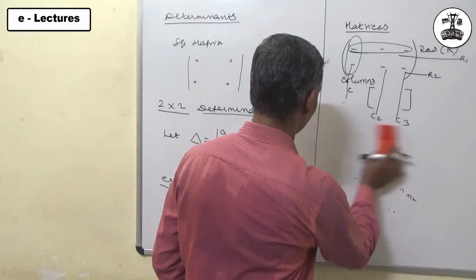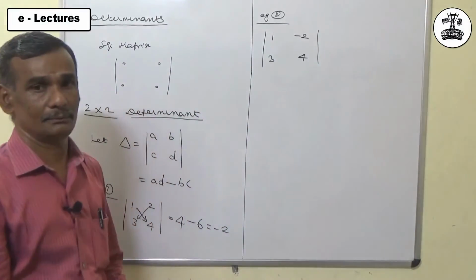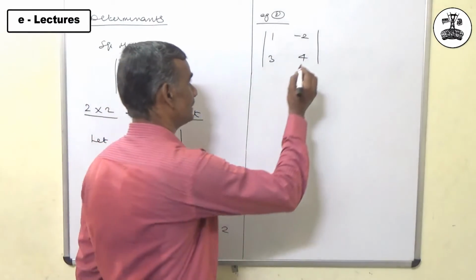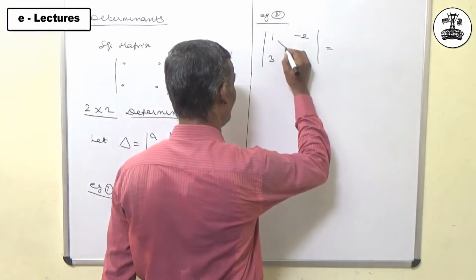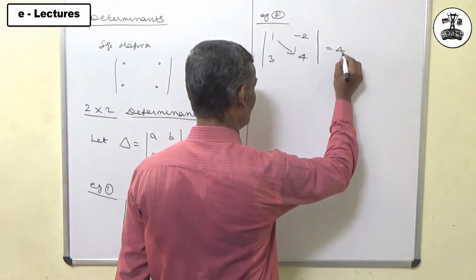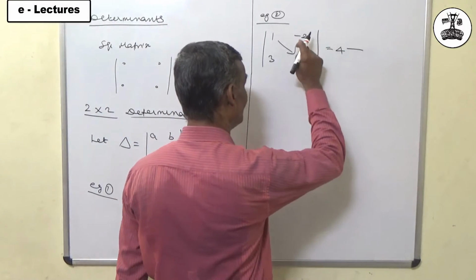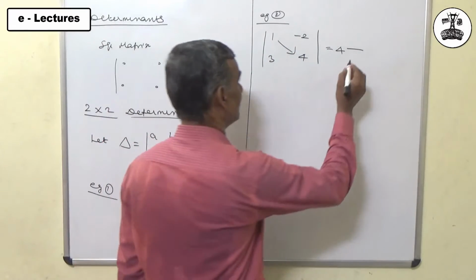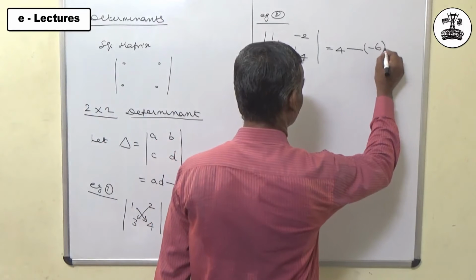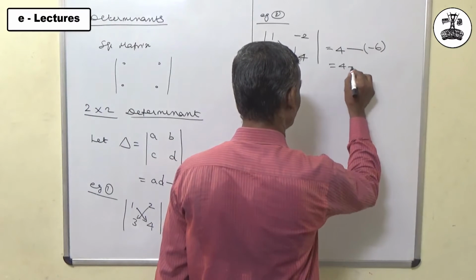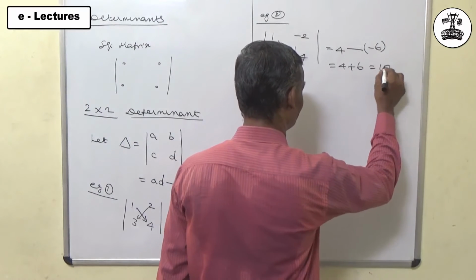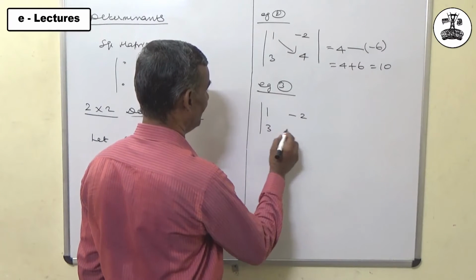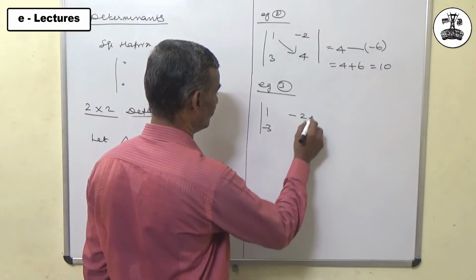Example number 2. The determinant with rows 1, minus 2 and 3, 4. The value of the determinant is 1 into 4, then put a minus sign, then multiply minus 2 and 3, minus 6. So 4 plus 6, this equals 10. Another determinant: 1, minus 2, minus 3, 4.